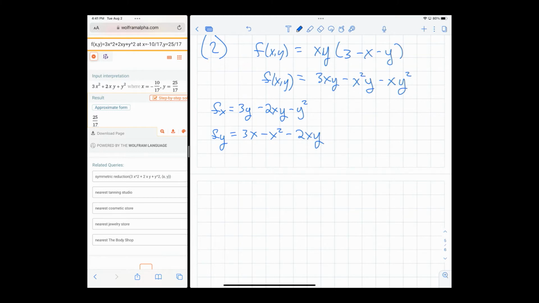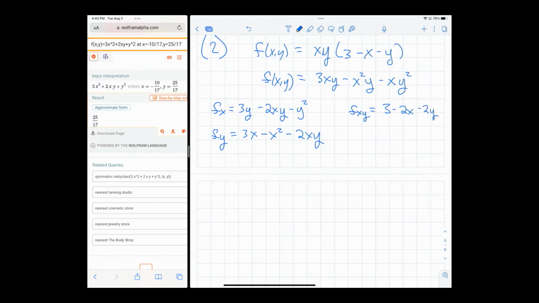All right. We're going to need fxy, so let's find that. That's the derivative of f with respect to x, and then the derivative of that with respect to y. So we're going to get 3 minus 2x. Wait, we're taking the derivative with respect to y, so 3 minus 2x minus 2y.